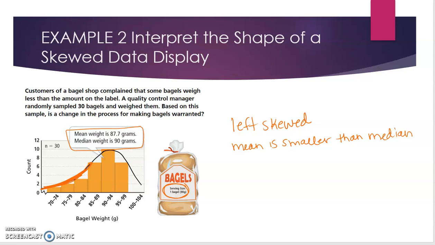But that's really up to him, or he could always take another sample, which is what we're going to look at tomorrow. So in general, the mean is smaller than advertised, but he should take another sample.